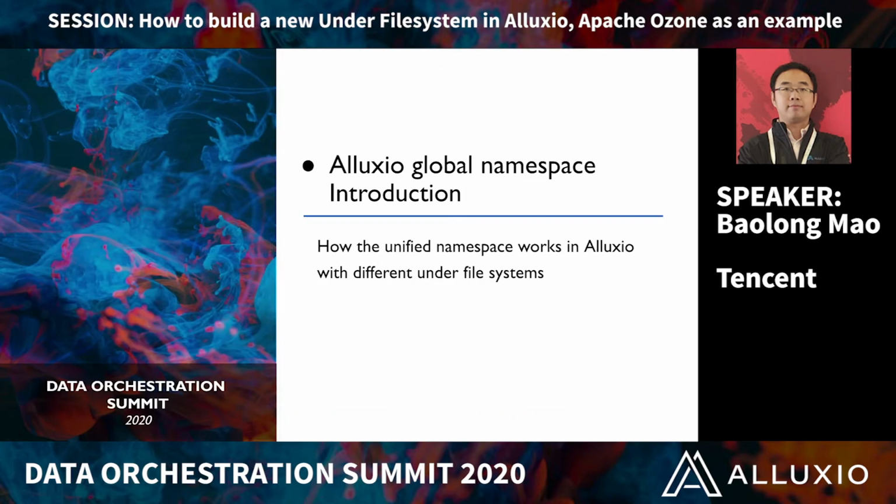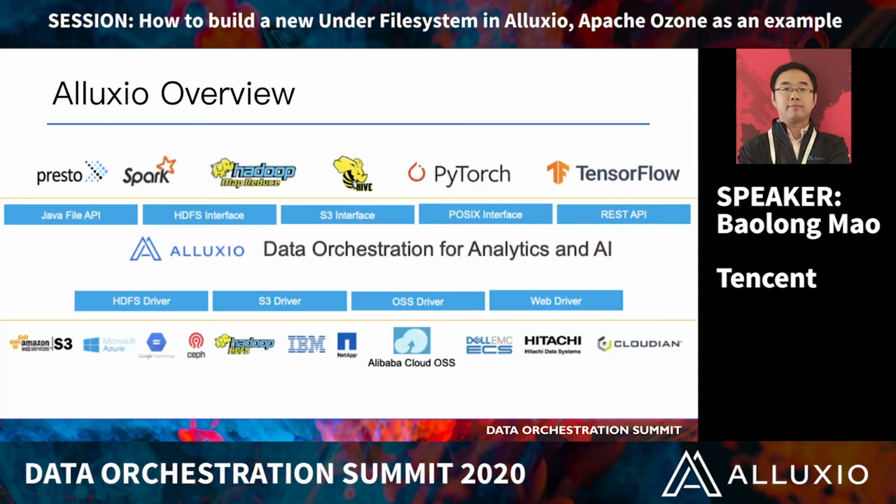First, let's take a look at how Alluxio unifies different UFS into a global namespace. This diagram gives you an idea of how it works. Here you can see that we can mount many popular storage systems to Alluxio, and these popular applications can access Alluxio without any code changes.